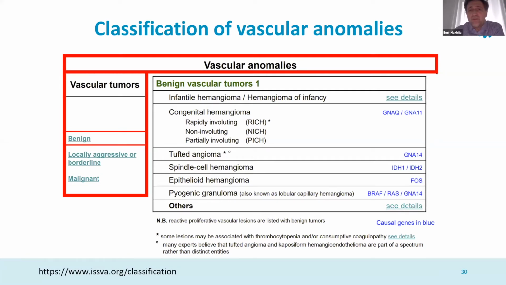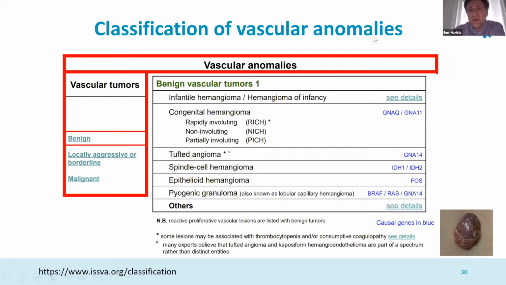Then there is a group of tufted angioma. It's a very rare vascular tumor. Then spindle cell hemangiomas and epithelioid hemangiomas, which usually occur in adolescence. And pyogenic granuloma, a tumor known also as lobular capillary hemangioma, which we often see after some injuries or after some insect bites, and they bleed a lot, and usually we resect them surgically, but they have also a genetic background.